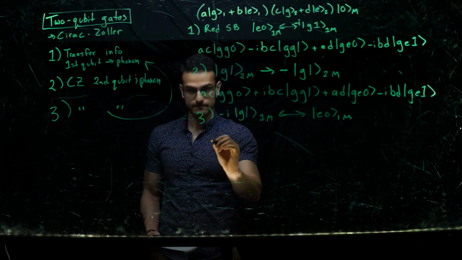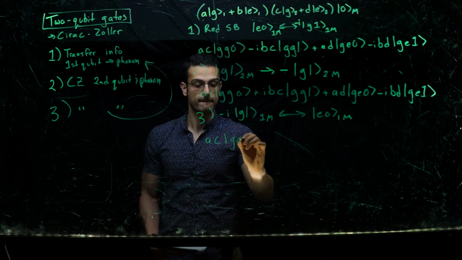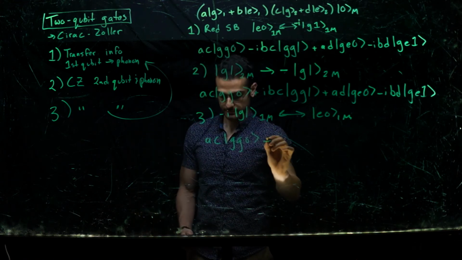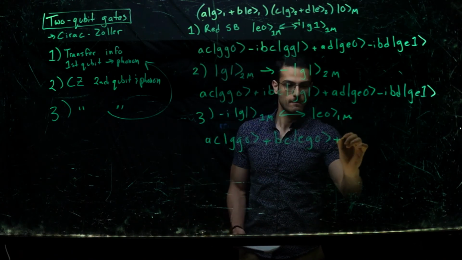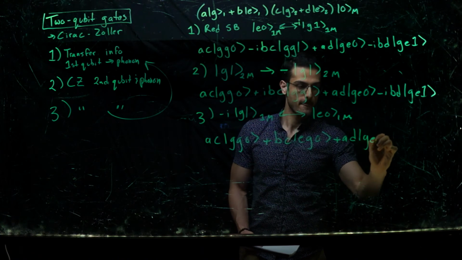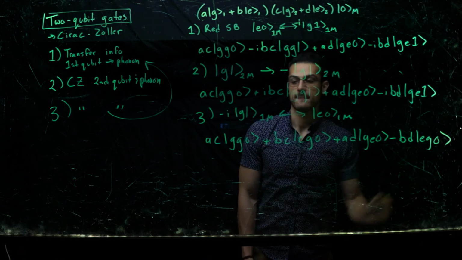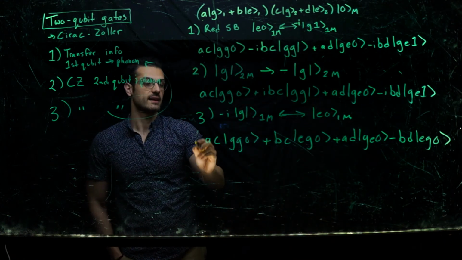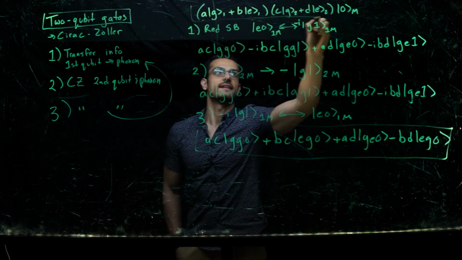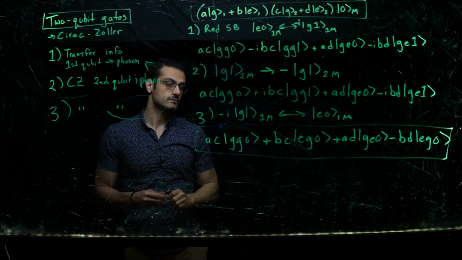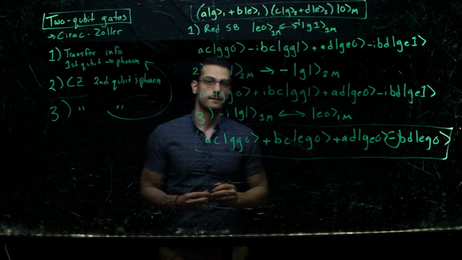And what we're left with, so if you compare this state here, our final state, with our initial state here, what you'll see is that they're identical except for this phase here.